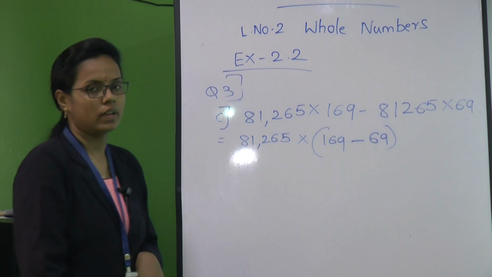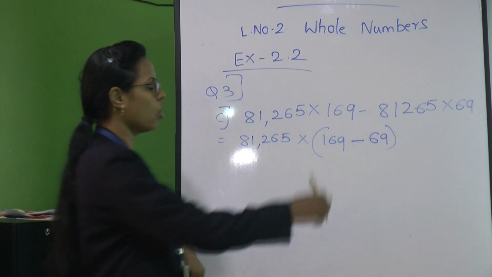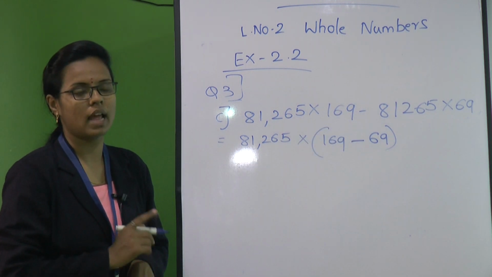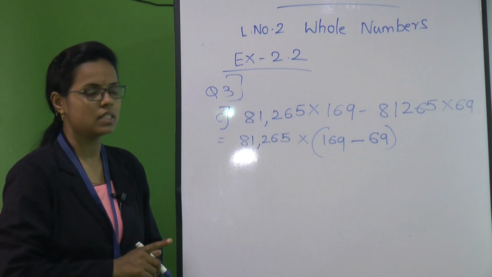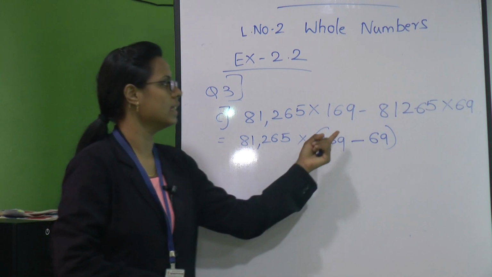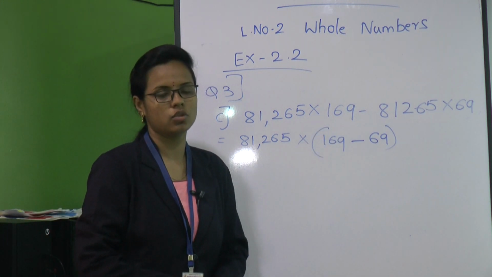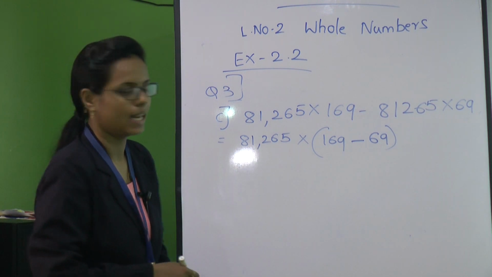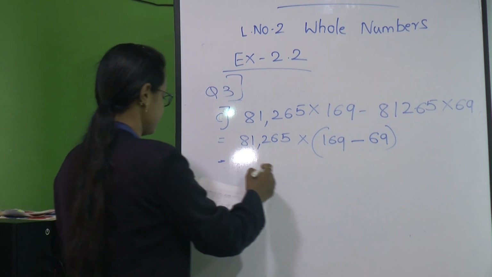So it's very important to see what is the symbol given in the middle. In the previous examples we were having addition, plus, we took plus, and in this example we have minus. So we are subtracting 69 from 169. Let us solve it.